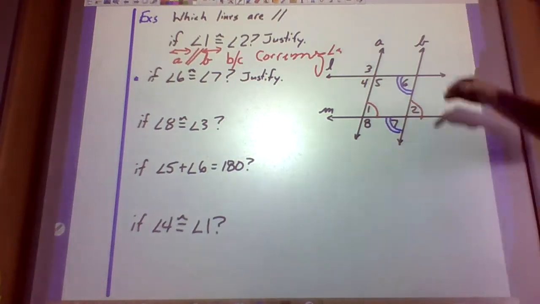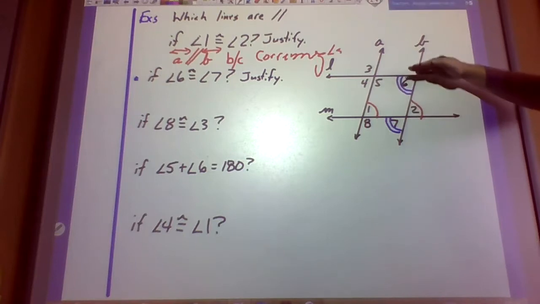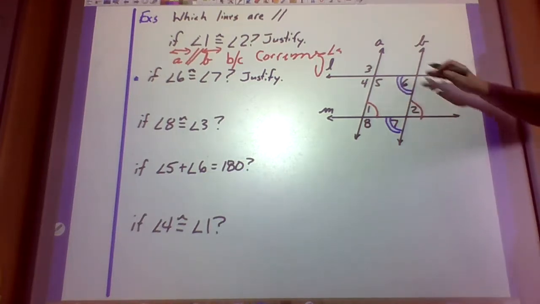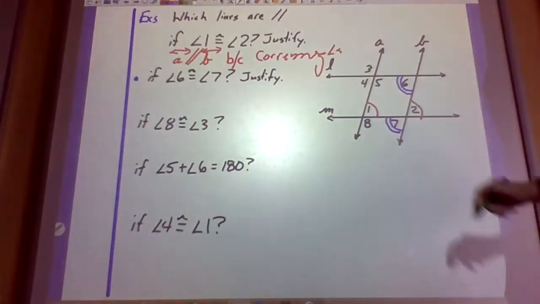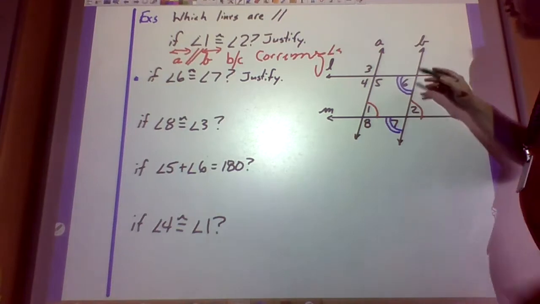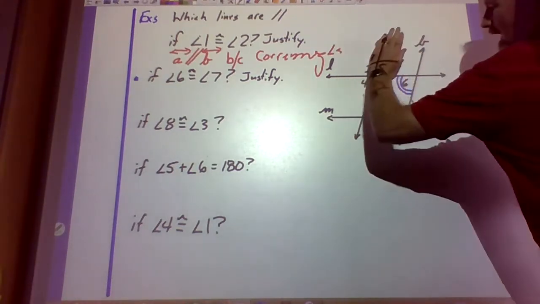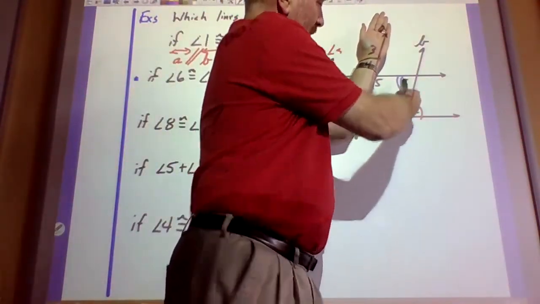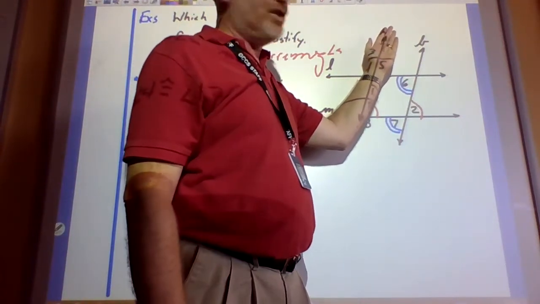So we're going to look at lines L and M, because that's where the swooshes are. I'm going to ignore A. And when I look at these 2 double swoosh angles, are they one of the 4 relationships?